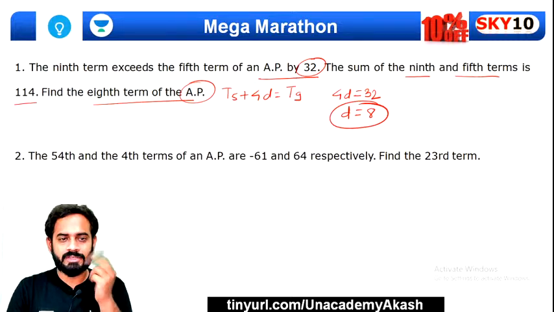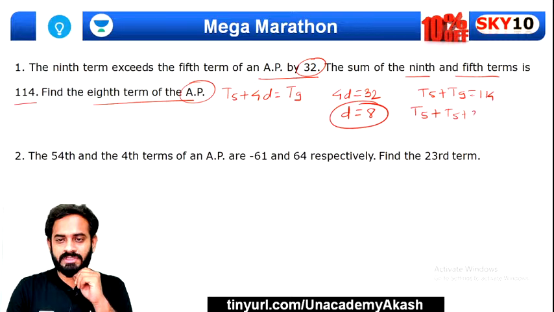We want the 8th term. It is given that T5 plus T9 is equal to 114. So T5 plus T5 plus 32 is equal to 114, so twice T5 is equal to 82. So the value of T5 comes out to be 41.